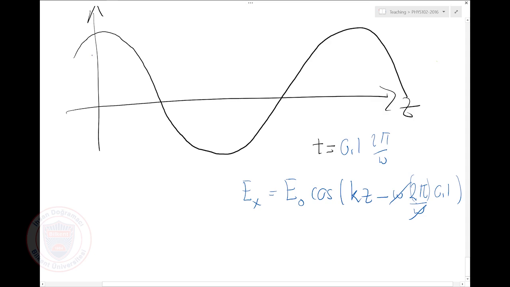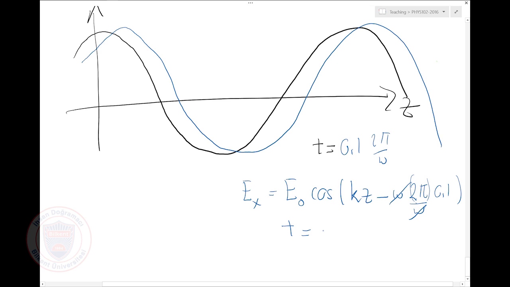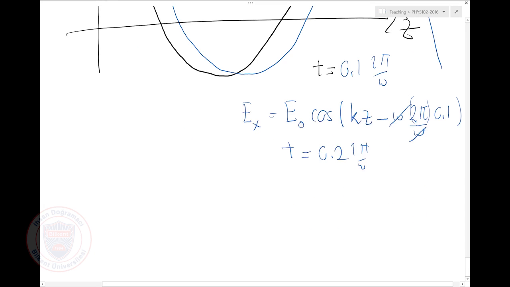So it's the same cosine a moment later, shifted by a phase. If I do the same calculation and plot the wave at 0.2 times 2 pi over omega, I'll see that it's shifted a little bit more to the right. In general, this is what we see.